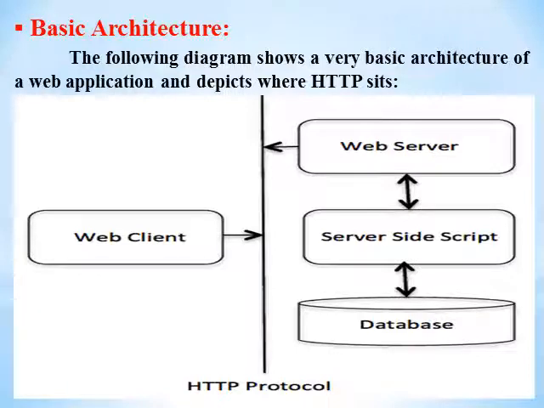As per the client request, the database provides the particular data to the web server, and that web server responds to the web client according to its request. So according to the request, the web server and web client communicate with each other and provide the data contents to the web client through the HTTP protocol. This is the very basic architecture of HTTP.